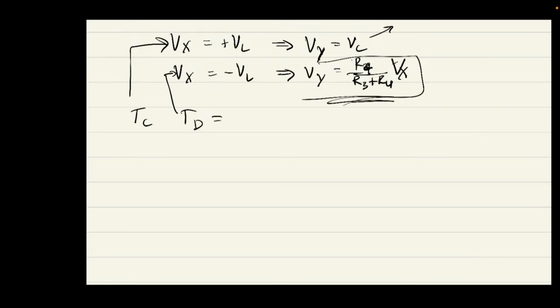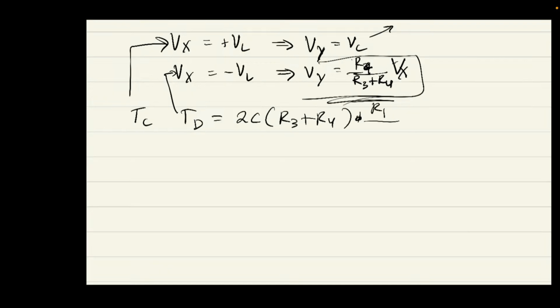So Td is the same as before. Let me just find it so I can write it down. Okay, so Td is 2C times R3 plus R4 times R1 on R2, right? So that's fine. Okay, Tc is a bit different.